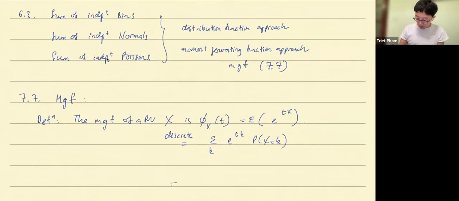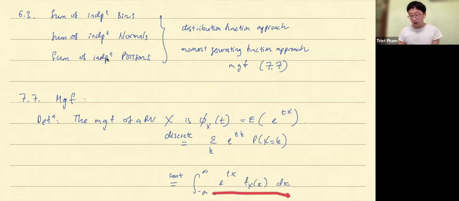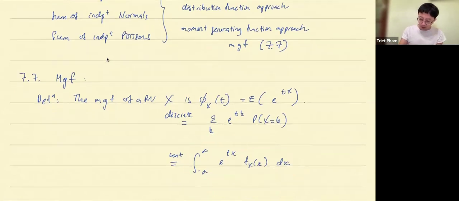But if X is continuous, this is the integral of e to the tx times the density. And here is this expression that I want to mention, because depending on the version, it is connected to the Laplace transform of the density.